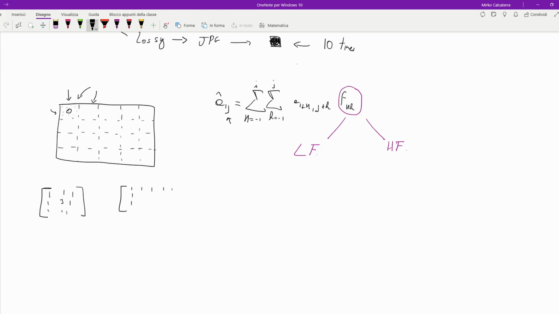Maybe it is better to increase this dimension, so here I write 3, 3, 3, 3, 3, 3, 3. Here always 1, 3, and here 5, and so on. The bigger the matrix, the shape will always be this. With 7 by 7, I will have 3, 5, and then 7 or 9, and so on.